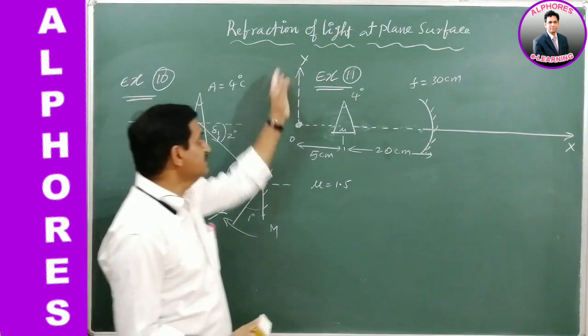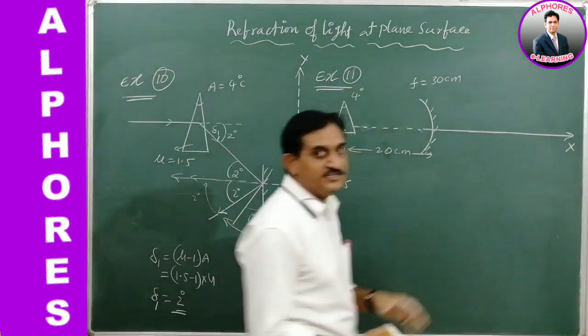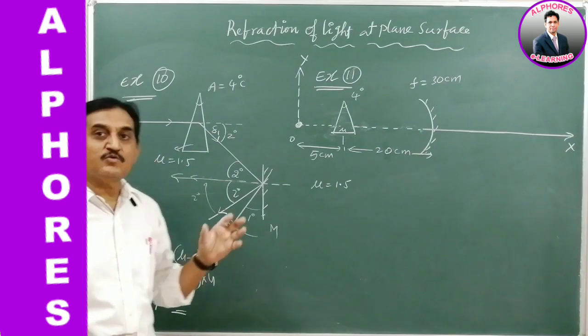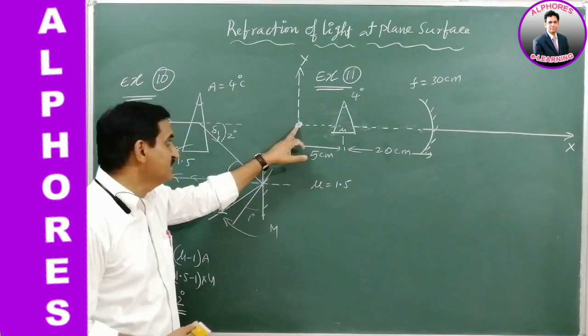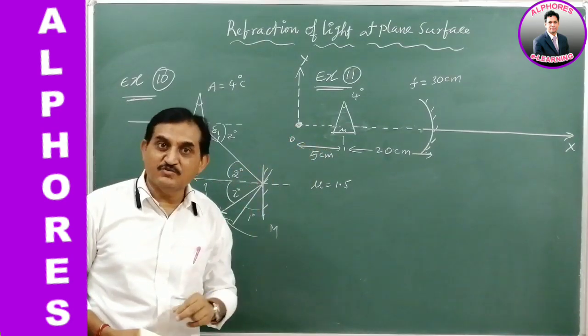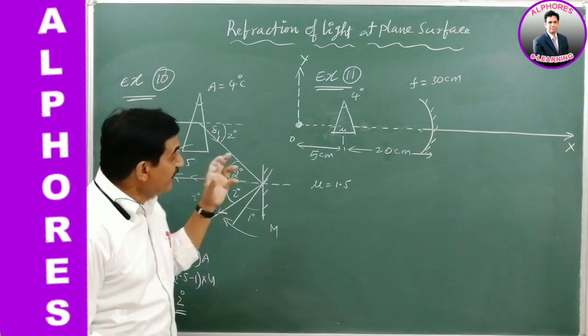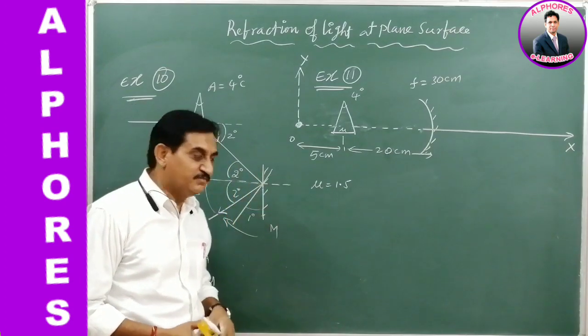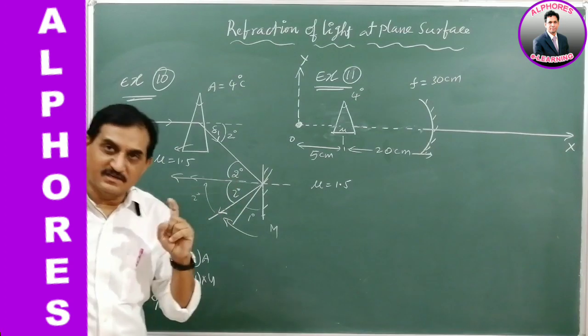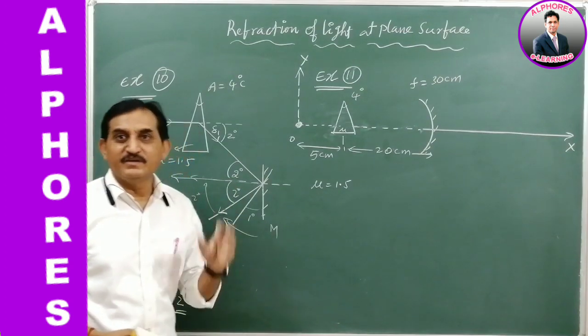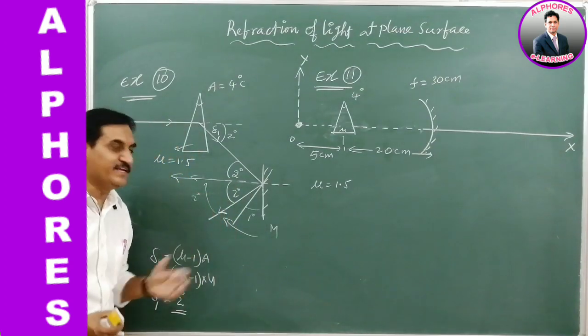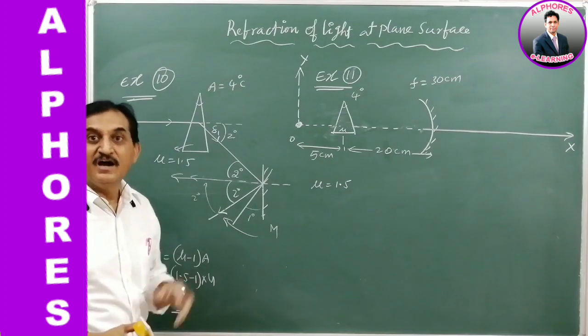So this is the y-axis, this is the x-axis, clearly mentioned. Then what are the coordinates of the image of this object formed after refraction through the small angled prism and reflection by the concave mirror together will give the final image. That final image's coordinates are asked.